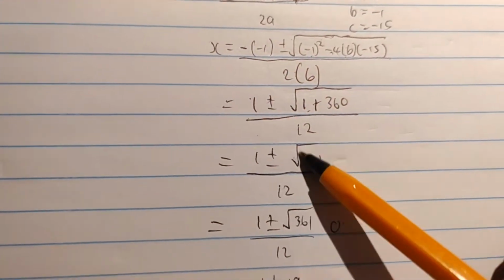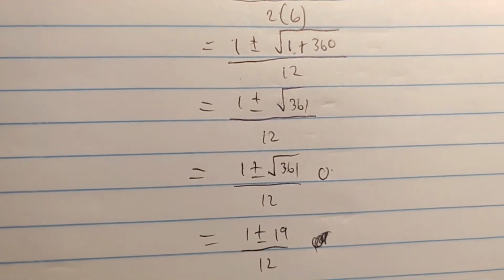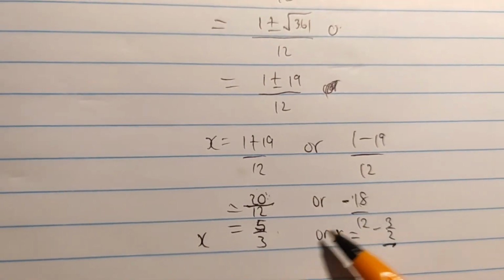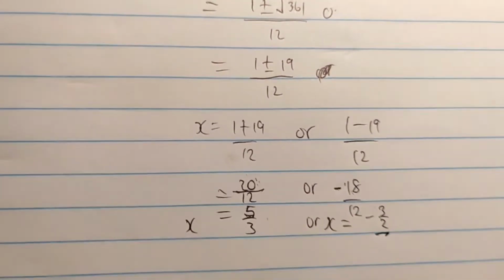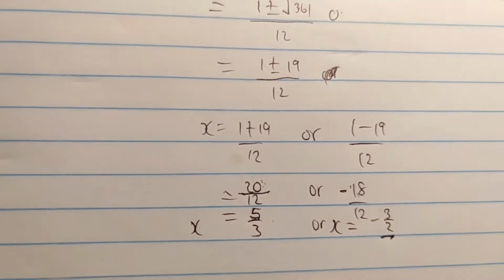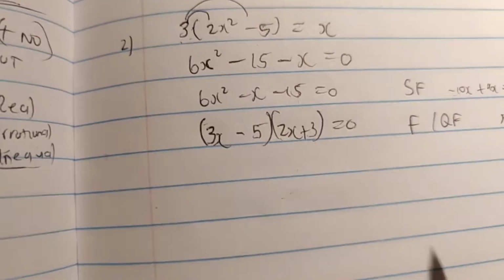One single value here, single value there, and a single value there. You can apply the square root. You can either use your calculator, or, like I said, you can basically showcase step by step. If the answer simplifies to a rational number, like 5 over 3 and -3 over 2, you must simplify until that rational number and not write decimals.